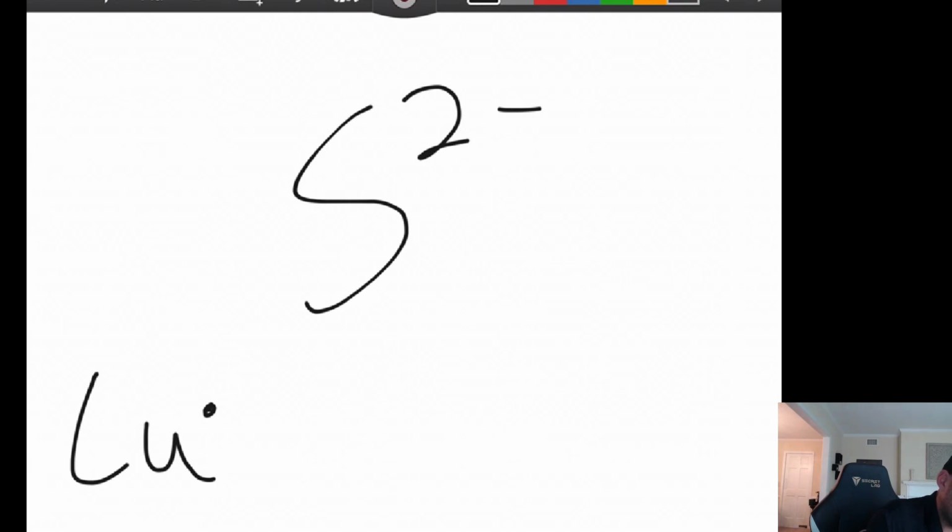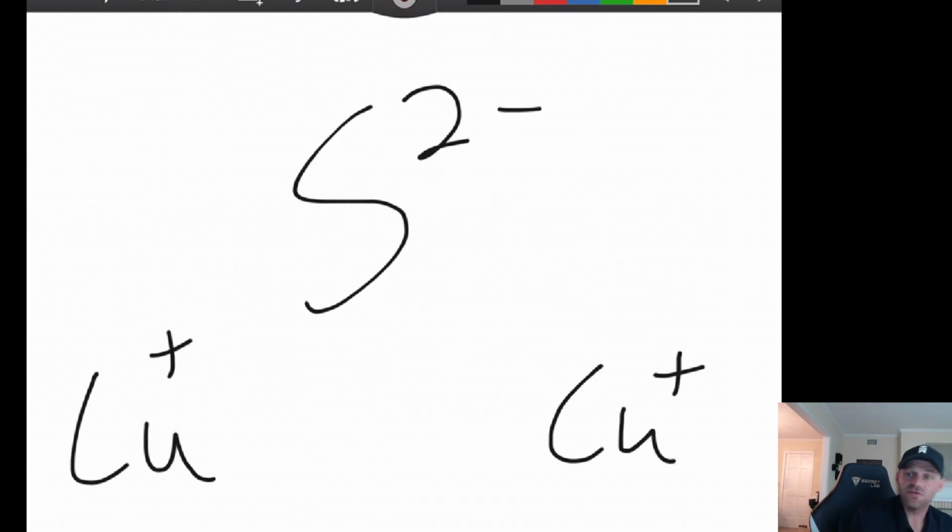That means I need 2 coppers, right? This one has a plus charge, this one has a plus charge. I need 2 coppers to match the 2 minus charge on the sulfur.